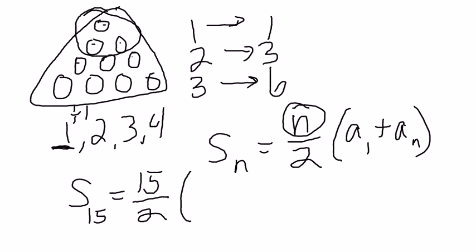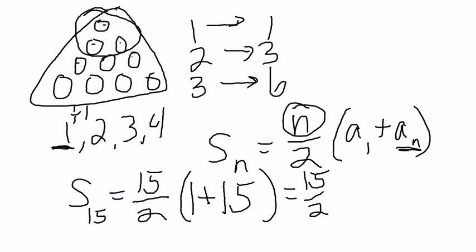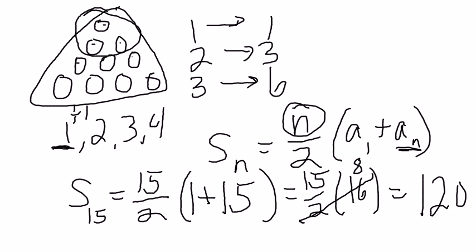We started with 1 on the top, right? And then we're going to add the last term, a sub n, which we said was 15 because we want 15 on the bottom. So everything else is just arithmetic. 15 over 2 times 16, which is 15 plus 1. We can cross cancel. 15 times 8 will give us 120 cans total.